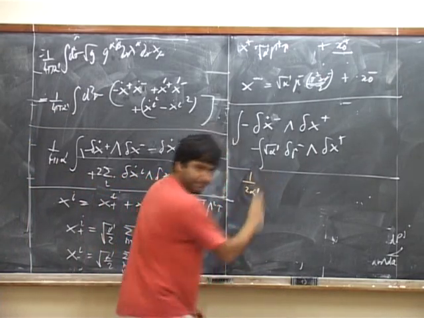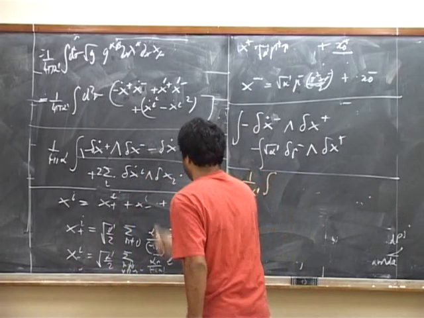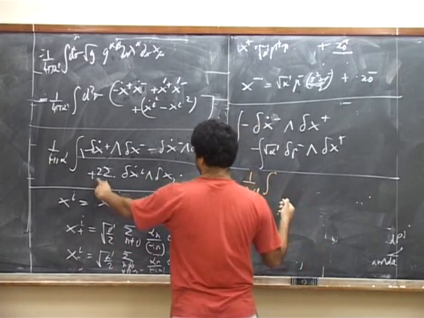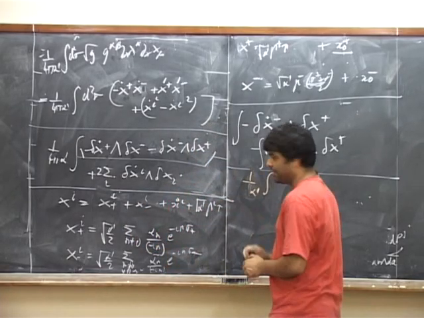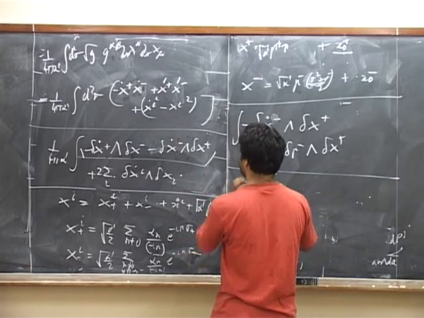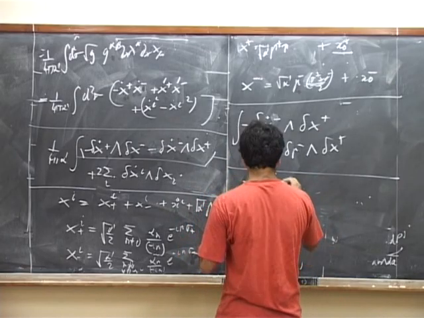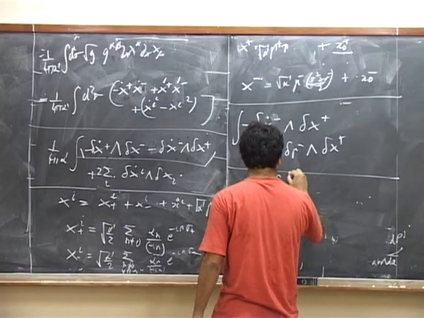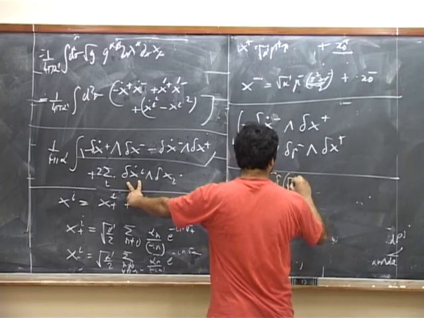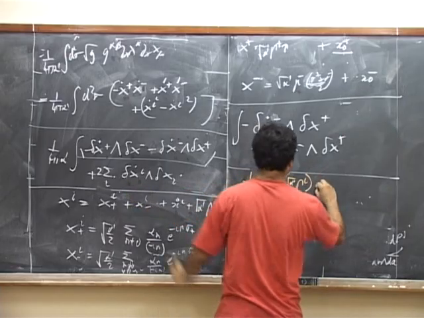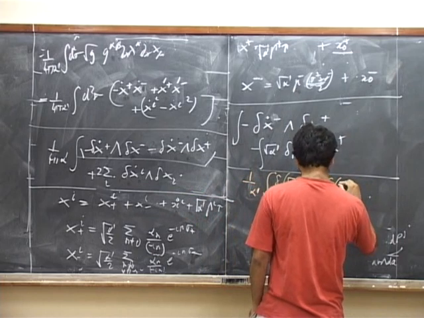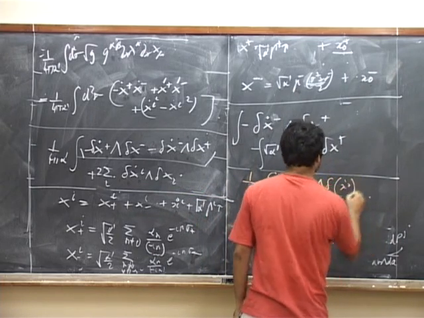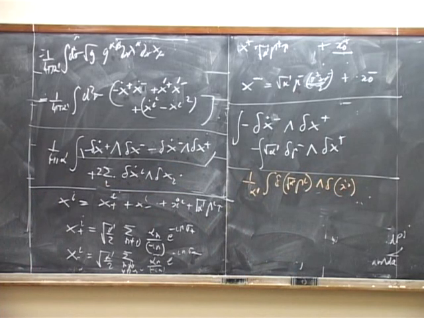So that's 1 by 2 alpha prime times the integral of delta of alpha prime pi, wedge delta of x0. Is this clear?